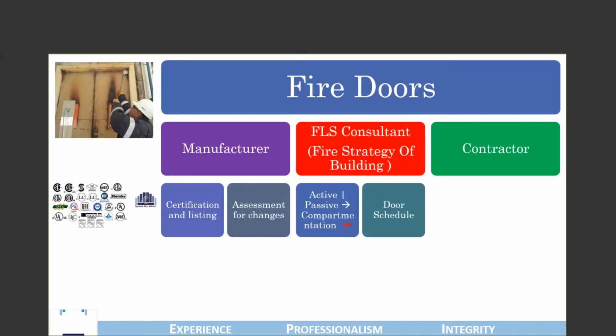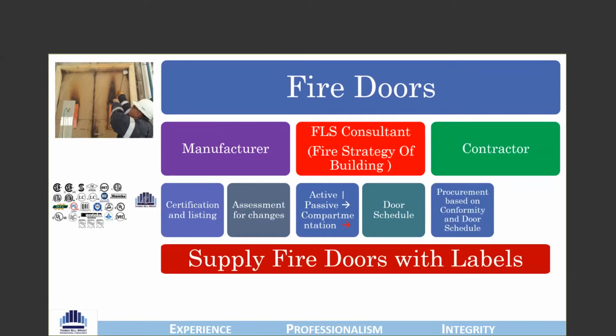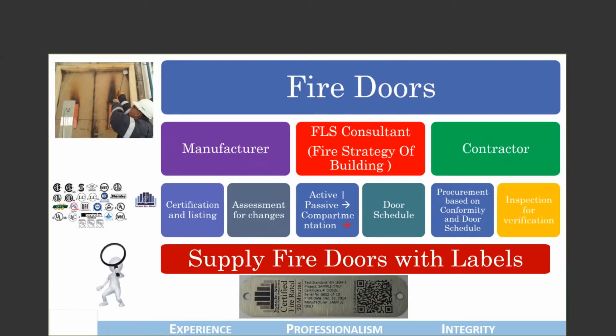And contractors then procure the doors as per the door schedule, and depending on certain jurisdictions that may even mandate labels, or you could go into a contractual requirement where labels are needed as a tool to provide the assurance badly needed.